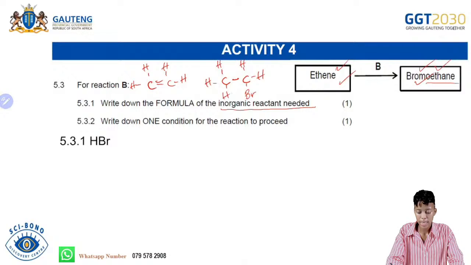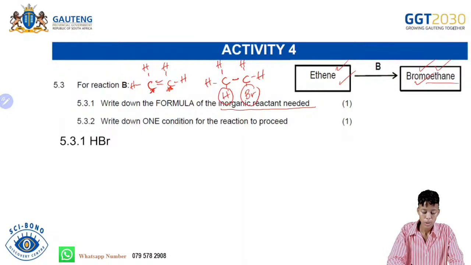On position number 1 and position number 2 on the ethene, initially we did not have anything, but when it became a bromoethane, we had a hydrogen and a bromine.